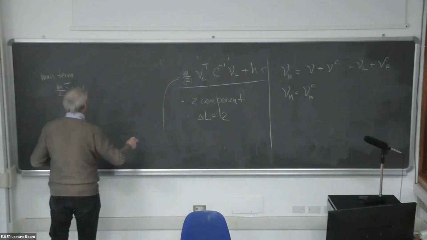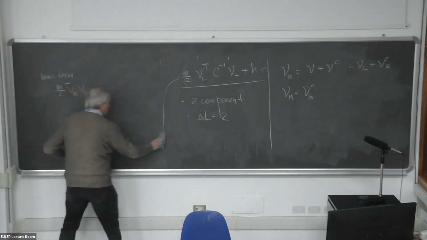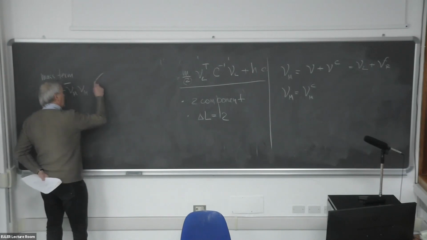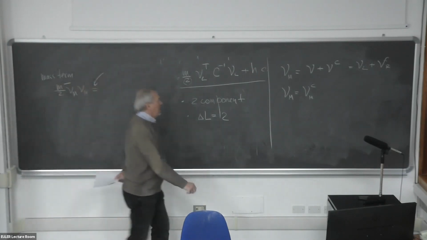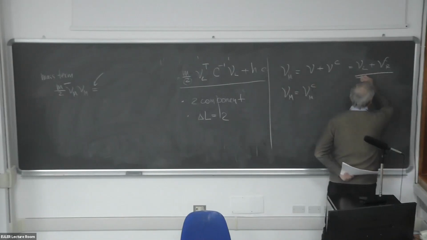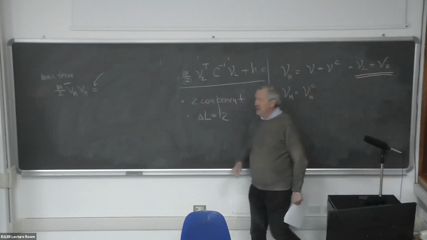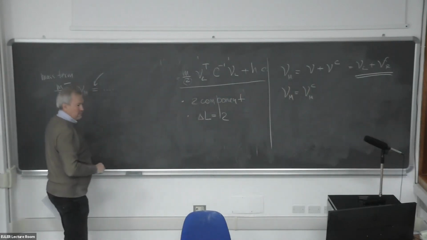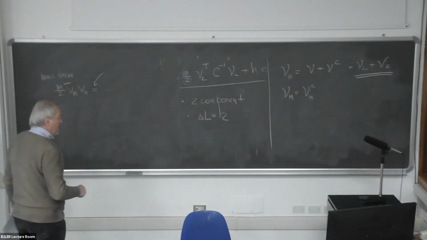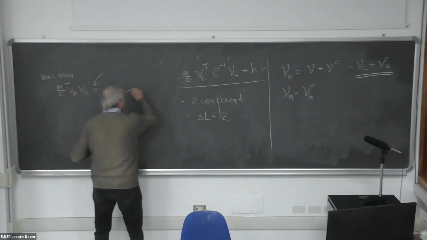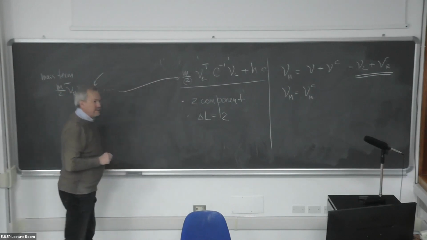Now, I will not do this, but I'm asking you to do this. If you insert into this expression the Majorana state given by the sum, and use the projection properties of 1 plus gamma 5 and 1 minus gamma 5, you will arrive precisely at this expression.